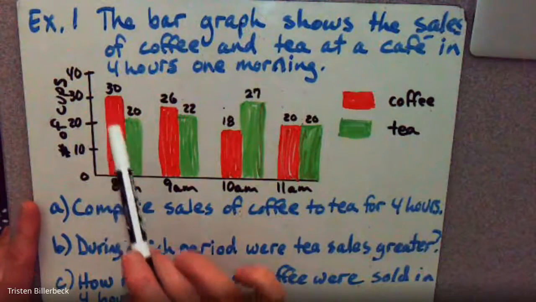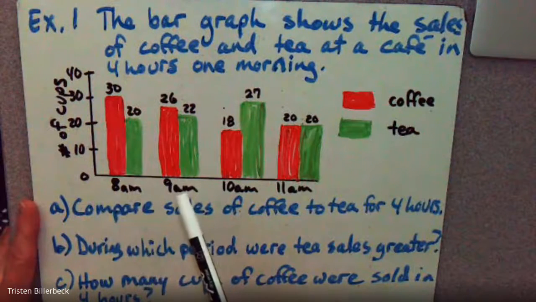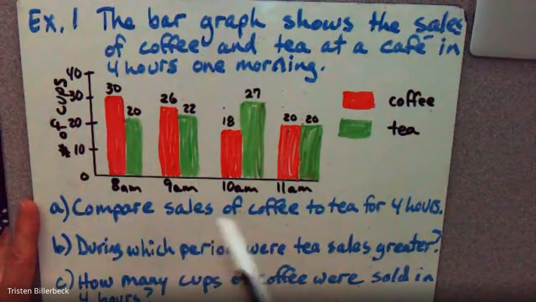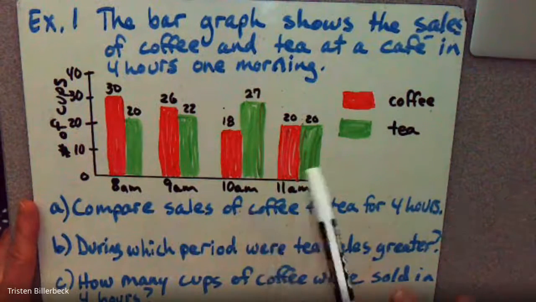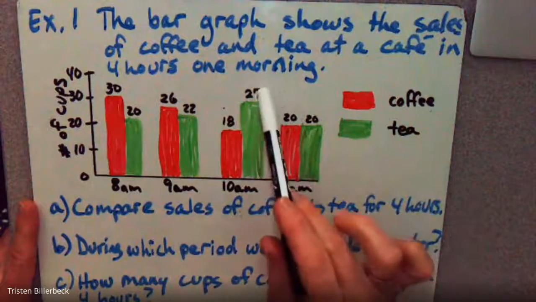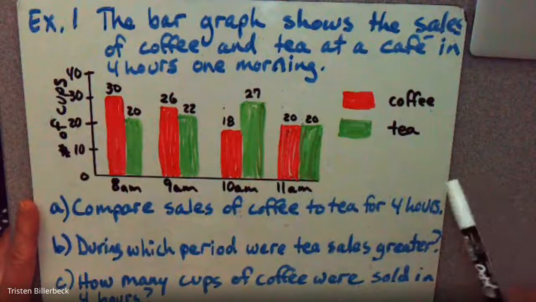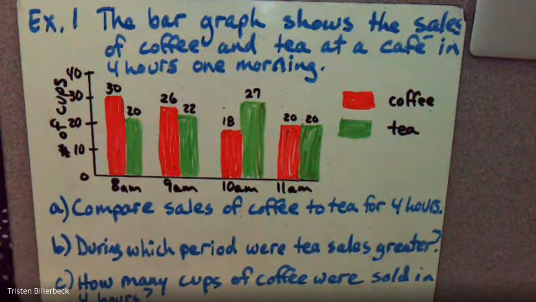When we look at this, we see a lot more coffee sold at 8 a.m. At 9 a.m., we have a few more cups of coffee, but not too many. And at 10 a.m., it must be tea time because there's a lot more tea sold than coffee. But at 11 a.m., it tends to be the same amount of coffee and tea sold.